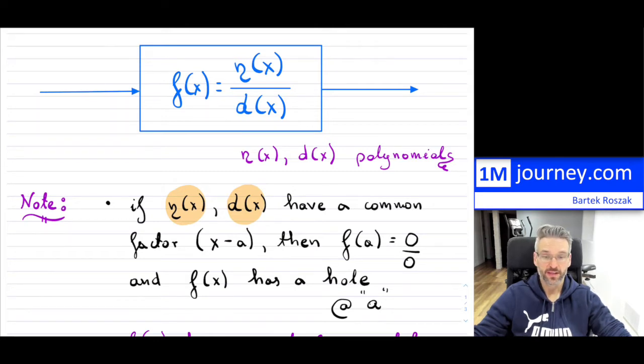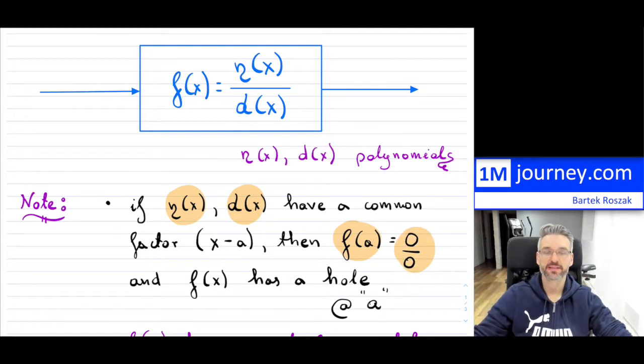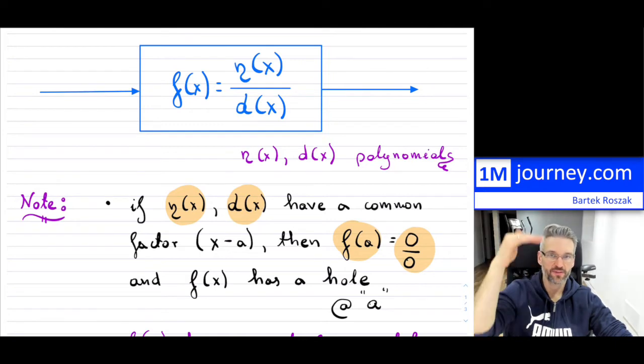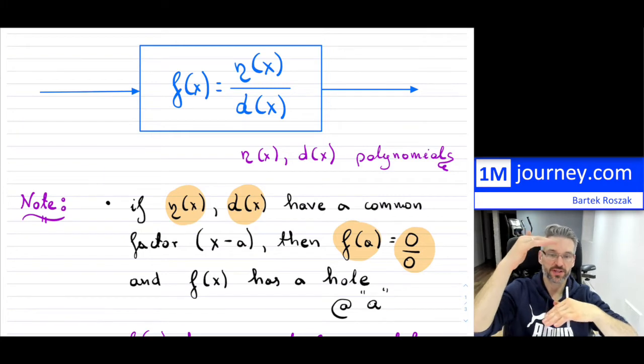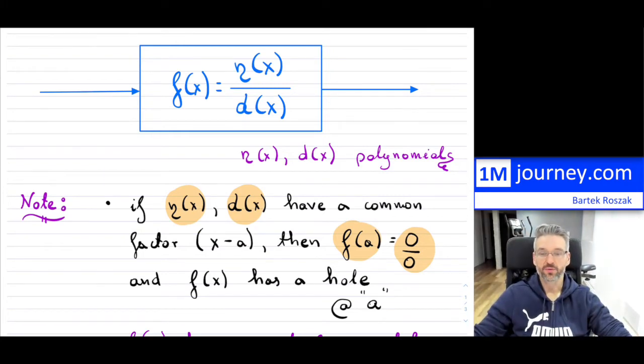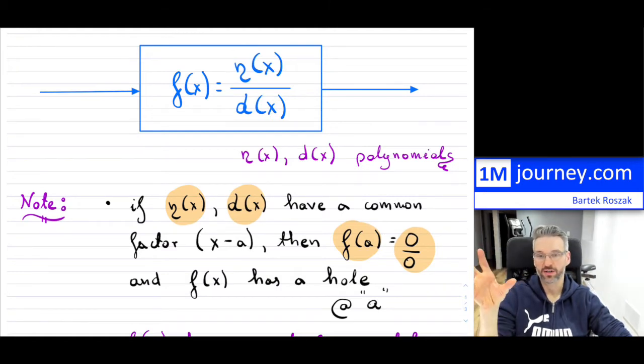When you substitute a into your function, you get the indeterminate result of 0 over 0, which makes sense because if they have the same factor x minus a on top and on the bottom, you substitute a, you get a minus a, which is 0. Anything else there doesn't really matter, it's going to cancel out, and the same thing happens in the denominator. So you have 0 over 0. You will find that at a you will have something which we call a hole.